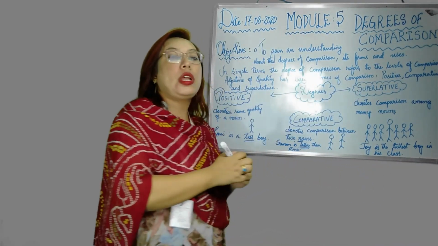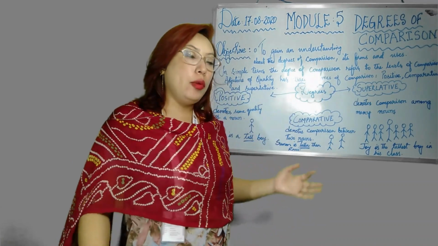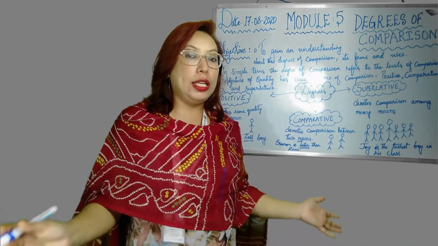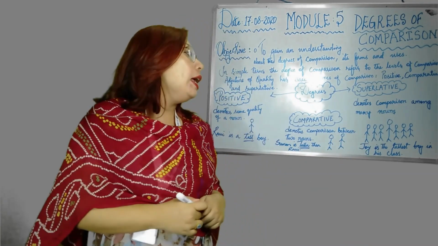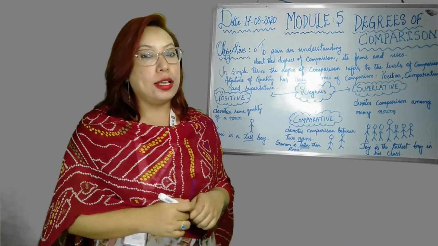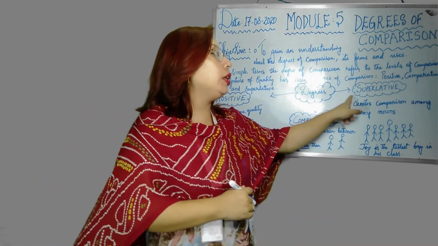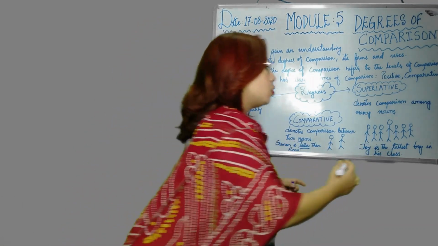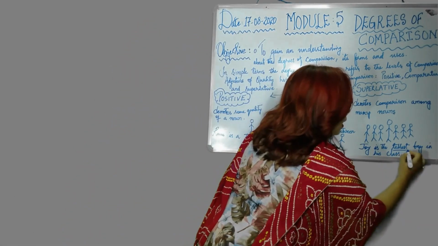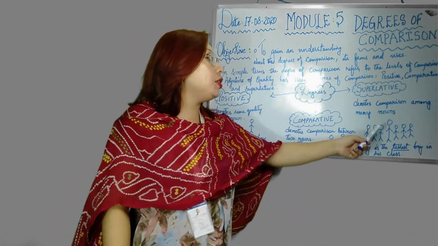Now here I am trying to compare a particular boy called Joy with the other students in the class. So I found that Joy is the tallest boy in his class. So here students, you can see that this kind of degree is called the superlative degree. Which is the superlative degree here? Tallest, right? Why? Because I found the quality of one boy.